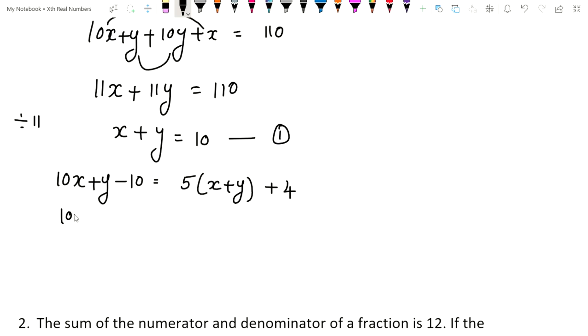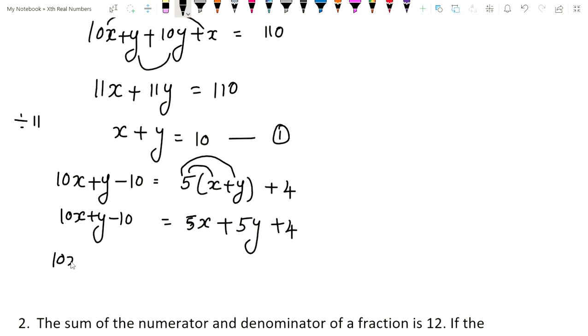Now 10x plus y minus 10 equals, multiply with the 5, 5 into x, 5x plus 5 into y, 5y plus 4. Now you should have variables on one side, constants on the other side. So 10x plus y, plus 5x will change to minus 5x, minus 5y equals 4.